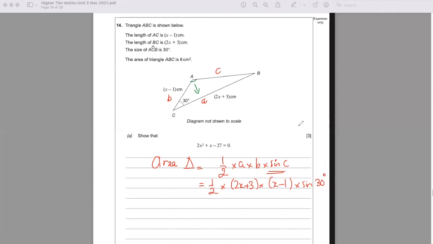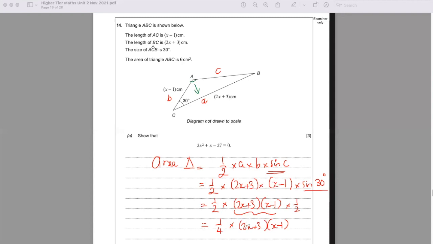Now it's a calculator paper, so you can actually work out sine 30 degrees, which is a half in a calculator, and times a half here. So if I just write that down again, a half times 2x plus 3 times x minus 1 times a half, and that would give you a quarter times 2x plus 3, x minus 1.